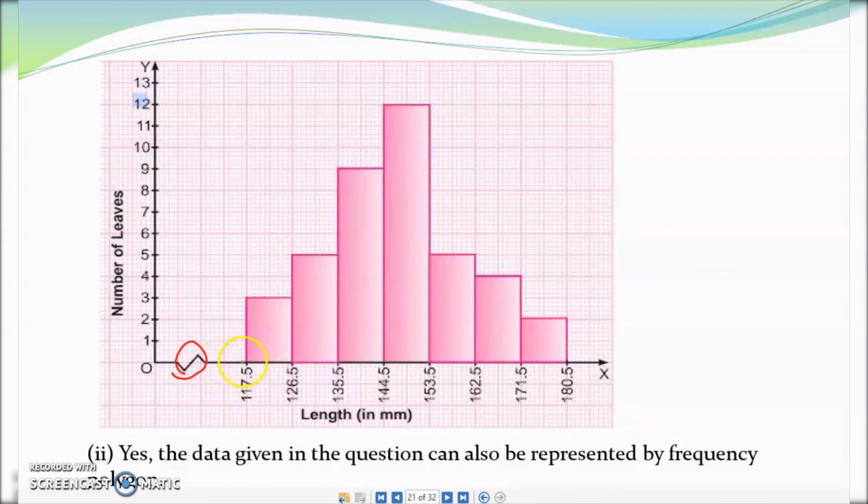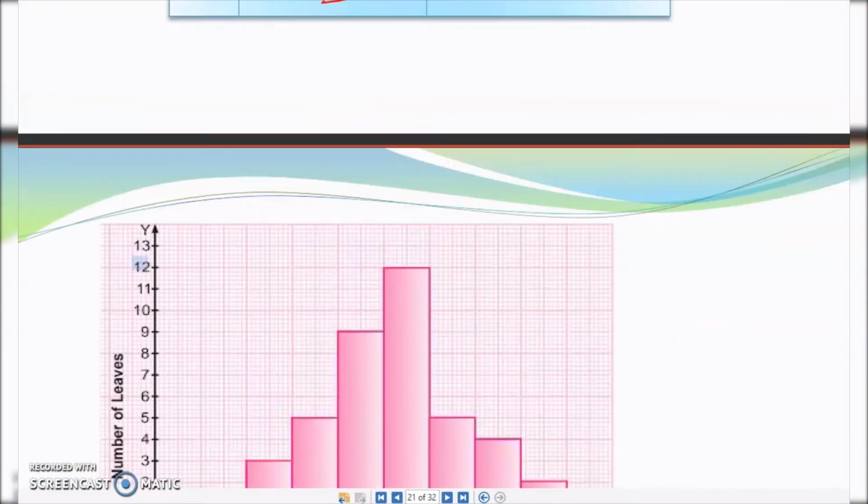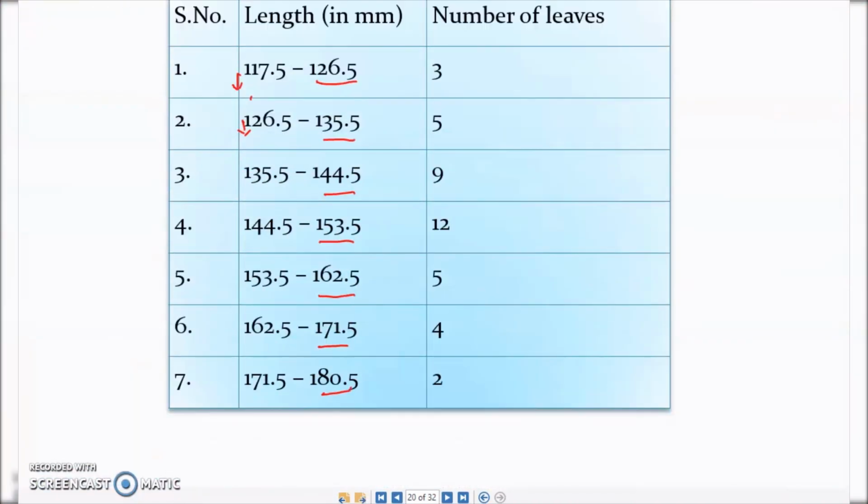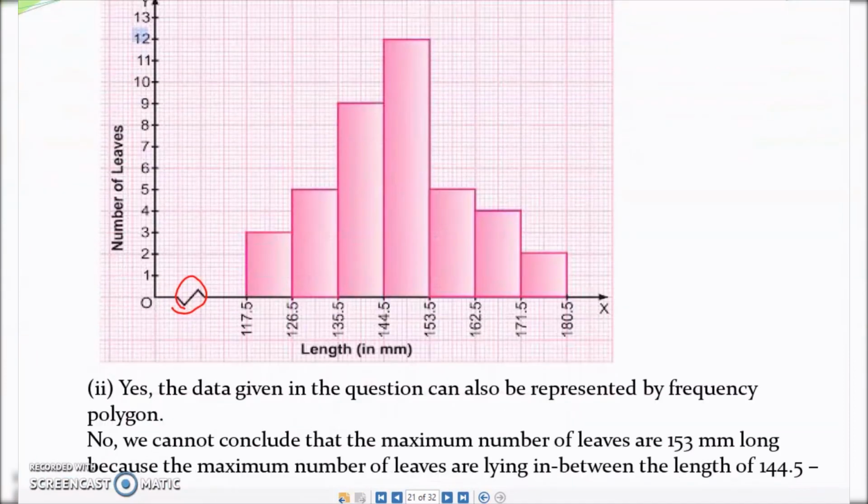So here the histogram is beginning at 117.5, 126.5 and so on till 180.5. And the frequency is the same. Now frequency, if you see, it is in whole numbers. You have all single digit numbers. This is the way the histogram will be made.